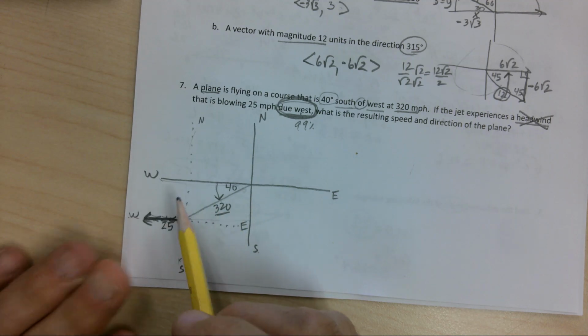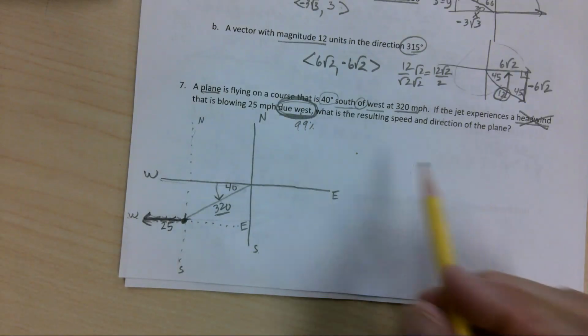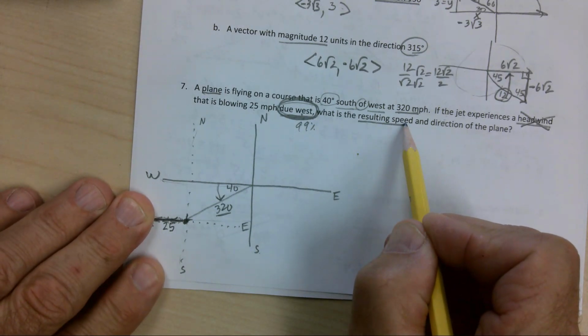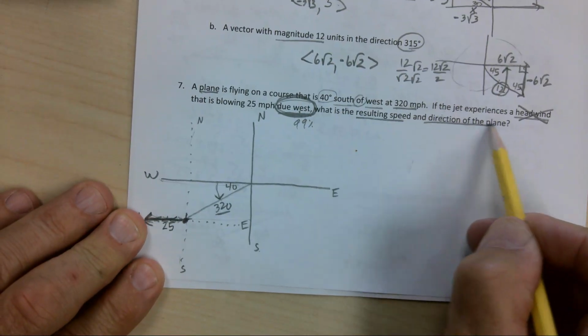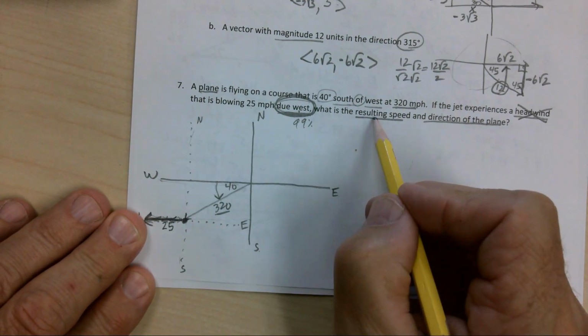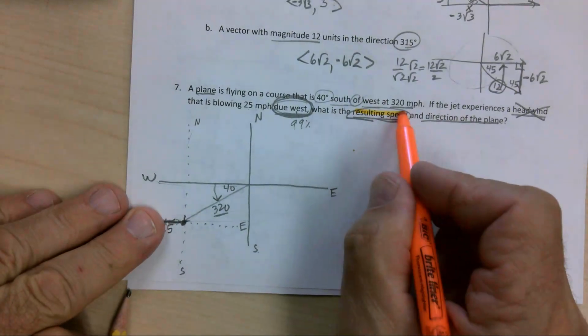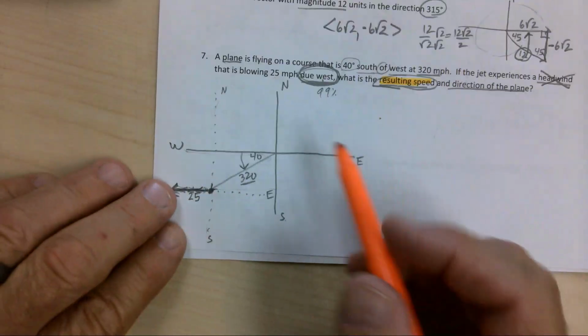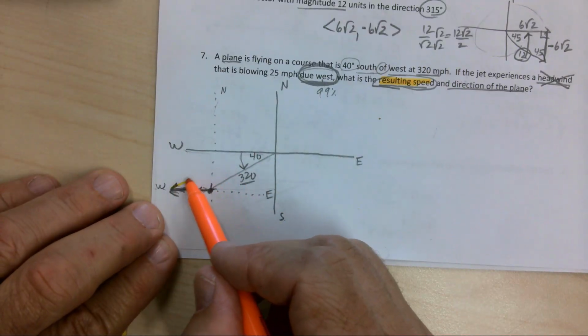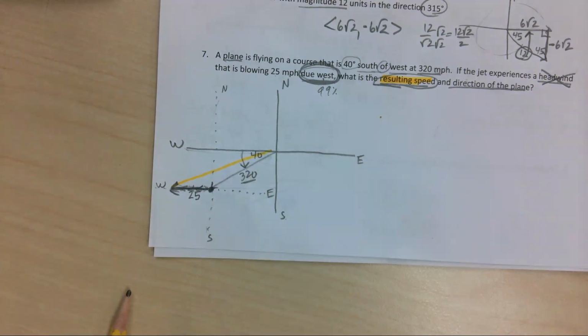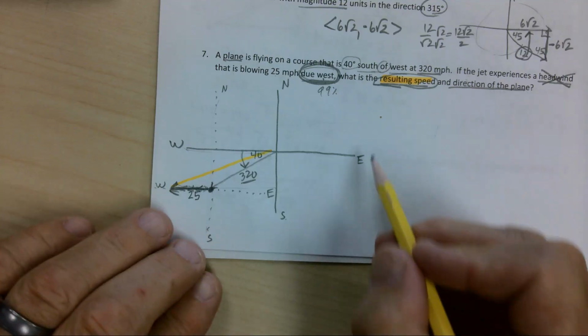And now we're going to do some math because it says what's the resulting speed and the direction of the plane. So this is kind of interesting. The speed is simply telling us, and this could get really messy, to find this resulting vector. So if we can find the length of that thing, we found the speed.